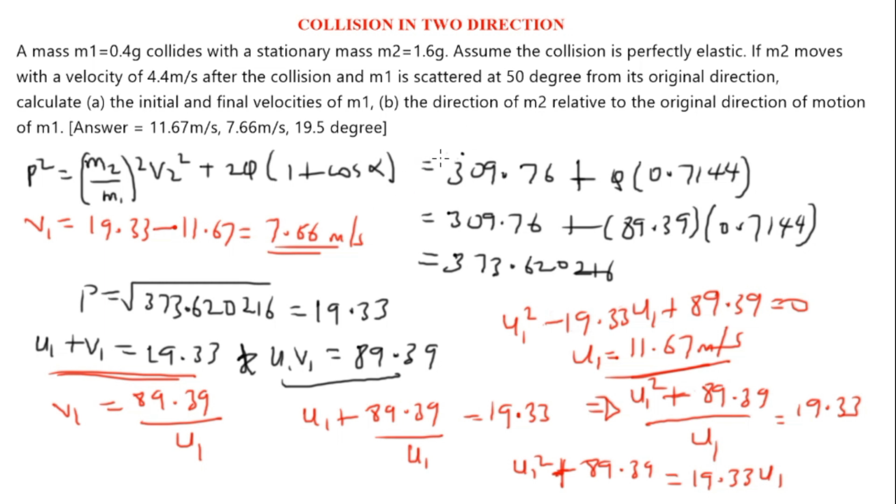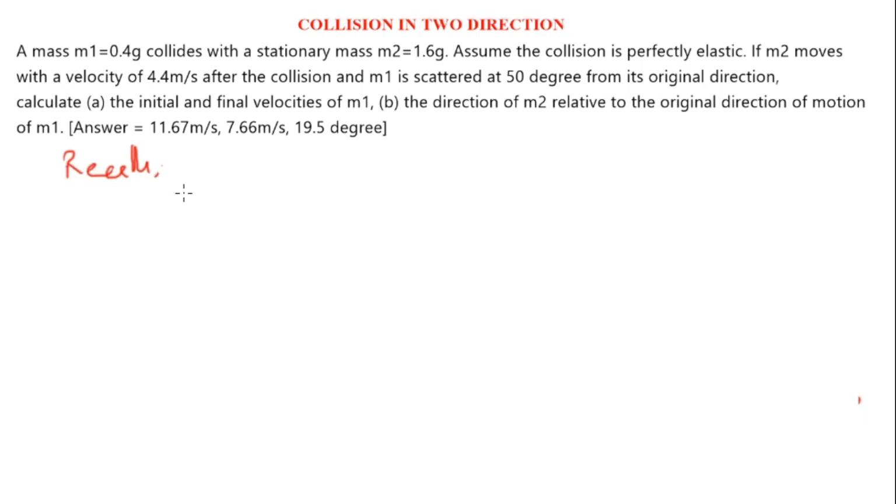In order to obtain the angle, which is angle beta, we are going to recall that sine beta is equal to m1 v1 sine alpha over m2 v2.